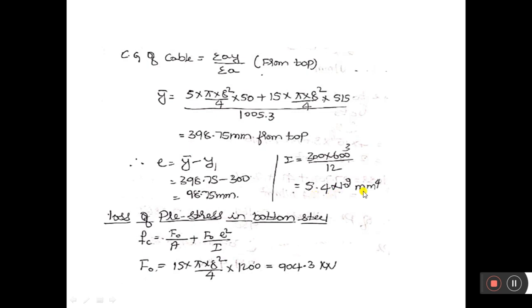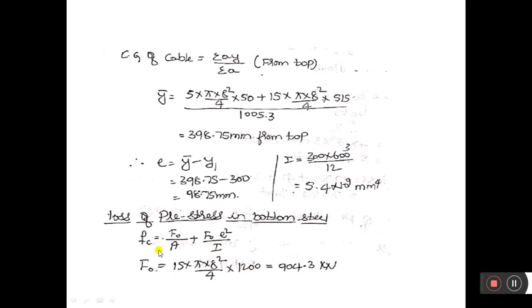I, the moment of inertia, is equal to 300 into 600 cube by 12, that is 5.4 into 10 to the power of 9 mm to the power 4. Fc, the compressive stress in the concrete, is equal to F naught by A plus F naught into E square by I. The cable has constant eccentricity because the cables are straight.